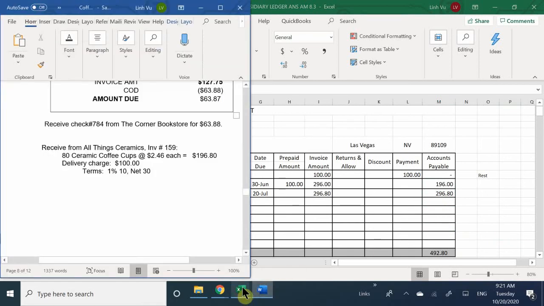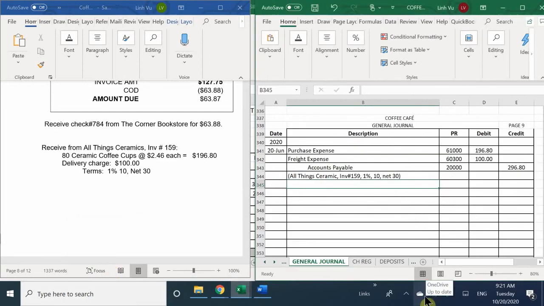Where else do I need to go? Where else do I need to go? I was thinking like inventory, but I'm not sure.